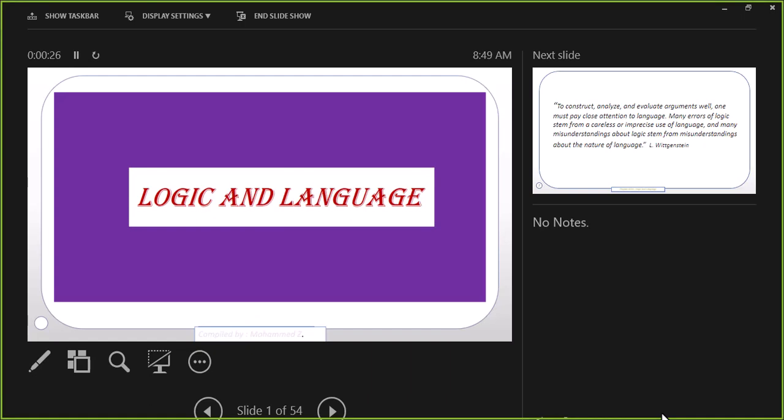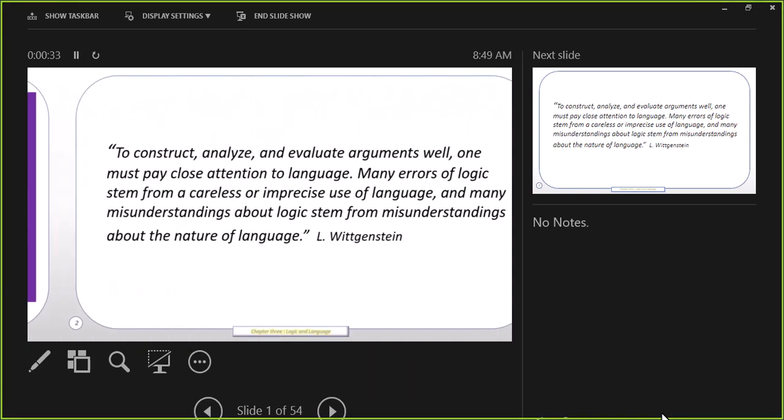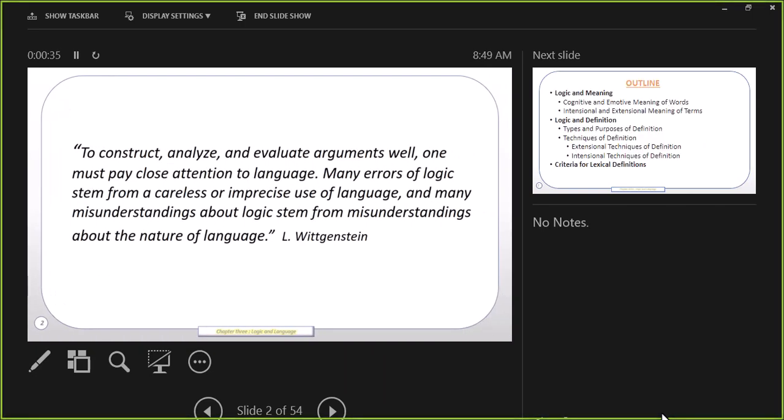Once, a famous language philosopher, Ludwig Wittgenstein, maintained that to construct, analyze, and evaluate an argument well, one must pay attention to language. Many errors of logic come from careless or imprecise use of language, and many misunderstandings about logic come from what? Misunderstanding about the nature of language.